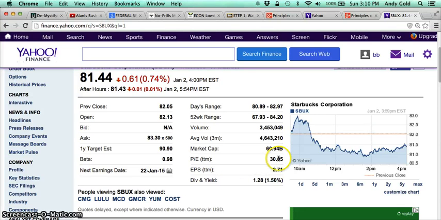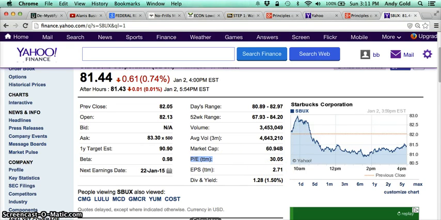Another unit of measurement that was used in the textbook is something called the price earnings multiple. This is how many times Starbucks stock is trading relative to its earnings. So it's selling at 30 times its earnings of $2.71.